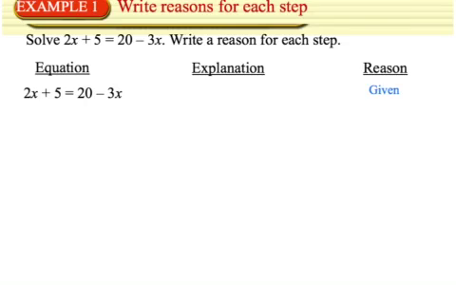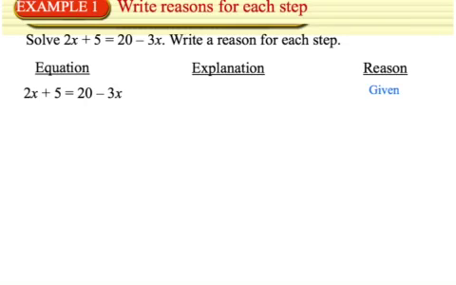We have the equation 2x plus 5 equals 20 minus 3x. So the goal is to write a reason for each algebraic step of solving this equation. First of all, looking at just the equation, you know what to do first. You would want to get the x's together on one side, and then get all the non-x values, or all the constants, together on the other side.